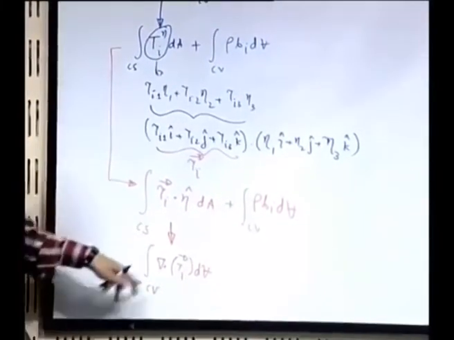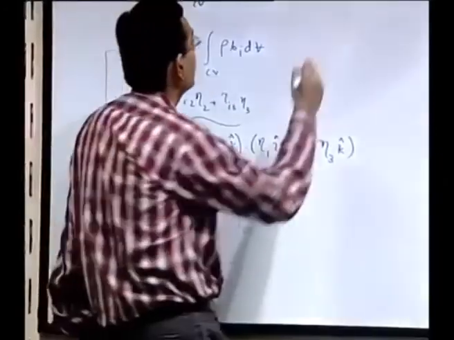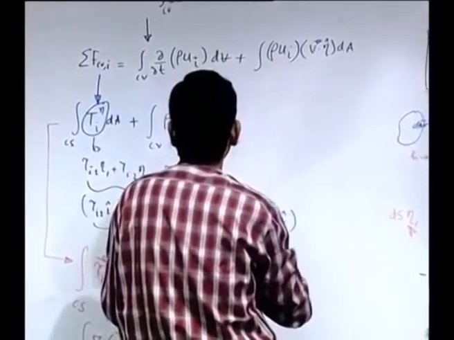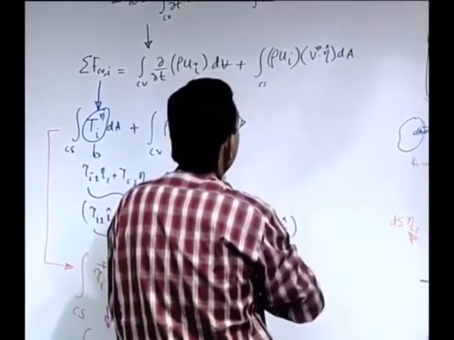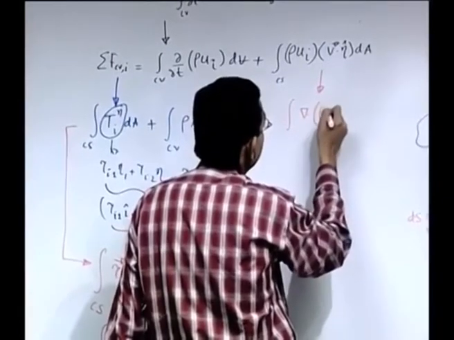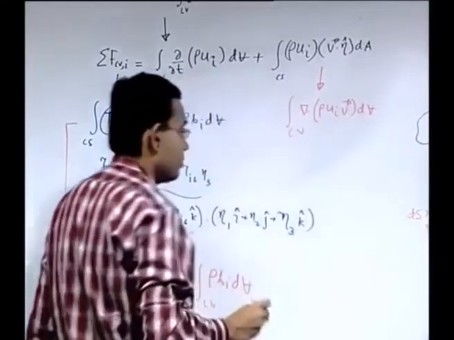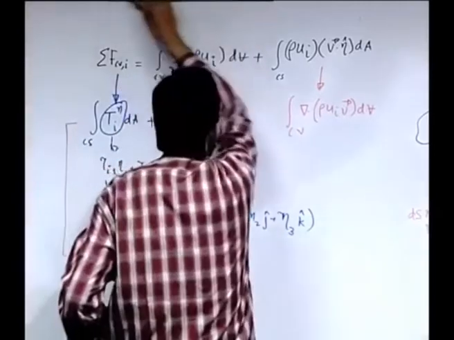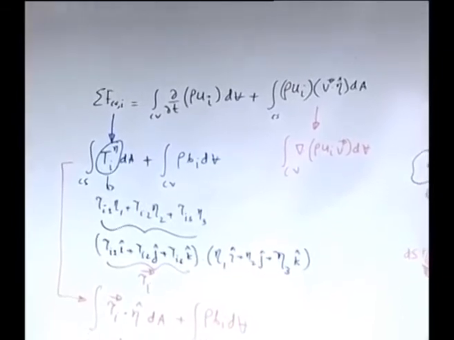So, on the left hand side both terms are expressed in terms of the volume integral. On the right hand side, the first term is already expressed in terms of the volume integral, the second term is an area integral. So, you can write this in terms of a volume integral. Now, the left hand side and right hand side, all terms are expressed in terms of volume integral. So, we can take all the terms together.